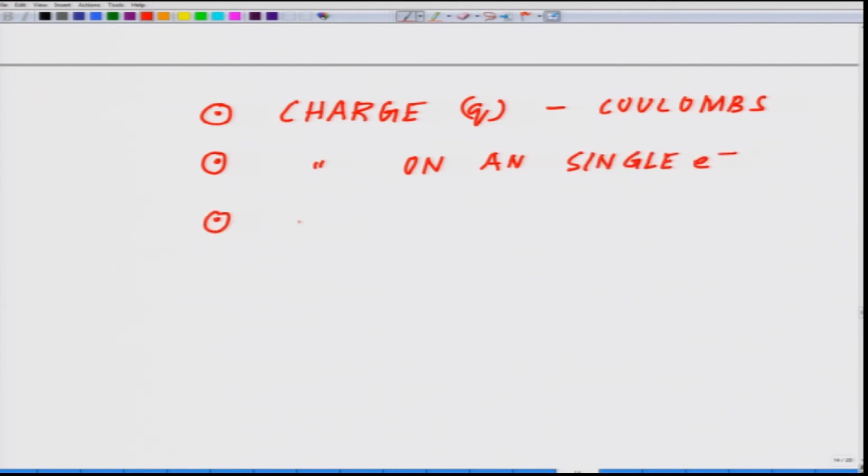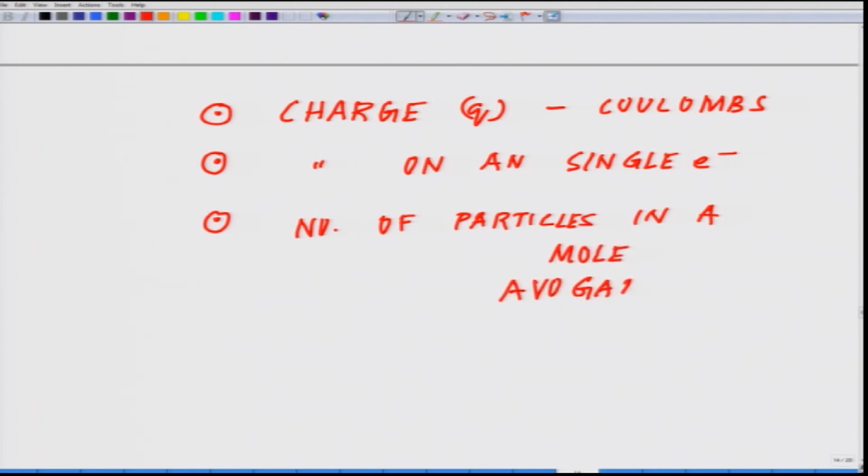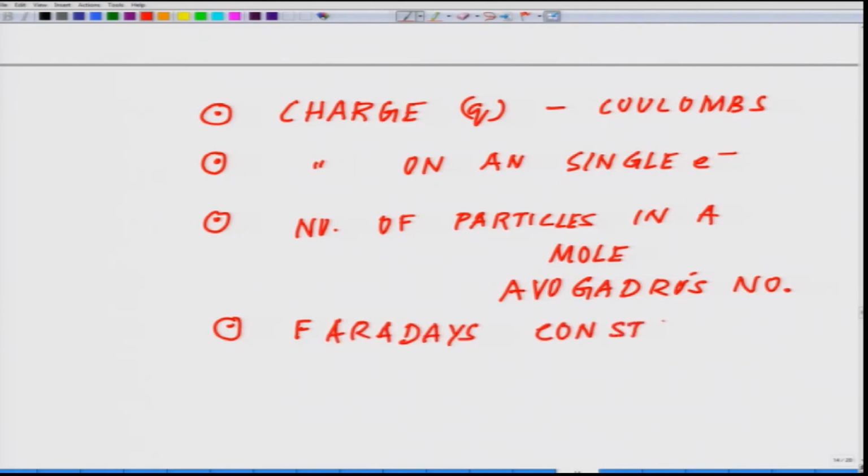Then the number of particles in a mole, which is Avogadro's number. Then Faraday's constant. Then the current.